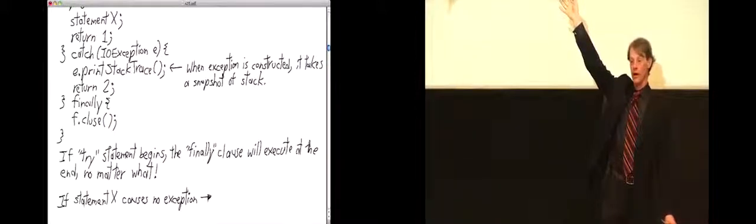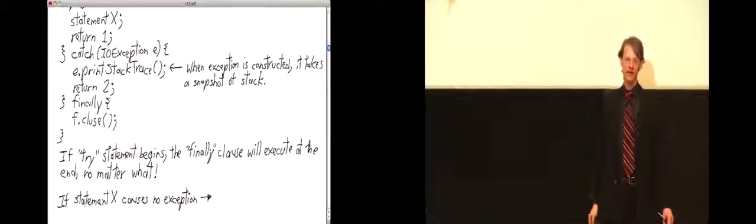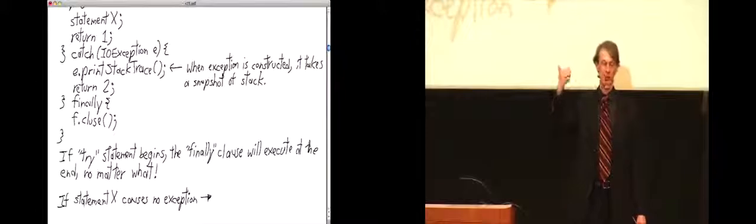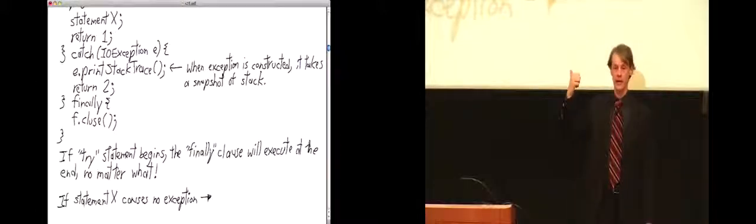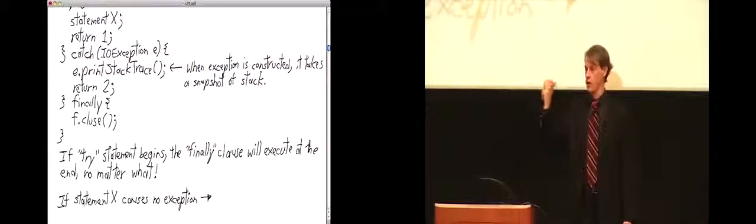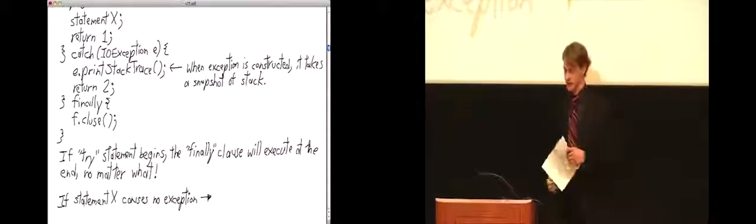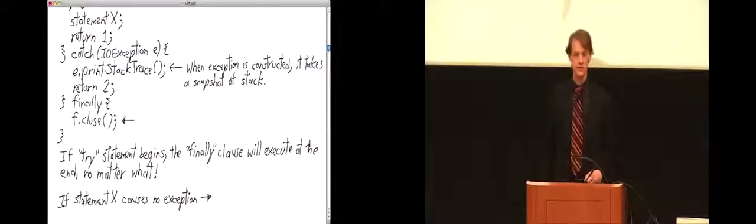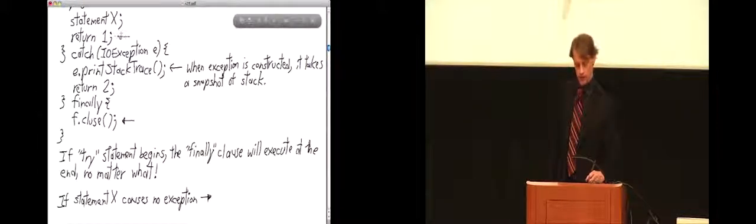So I'm going to return 1, but I told you the finally clause is going to execute no matter what happens. So the return statement is not going to stop the finally clause from happening. It's just going to activate it. So when you hit the return statement, now it's time to do the finally clause. And so the finally clause gets executed. We close the file. And then we return 1 as usual.